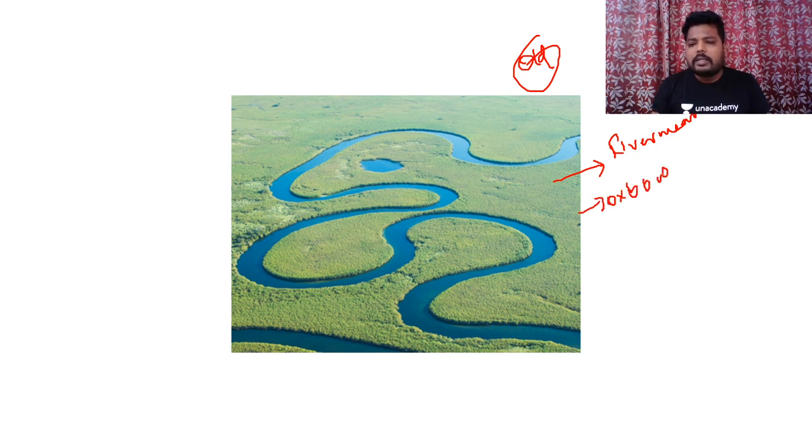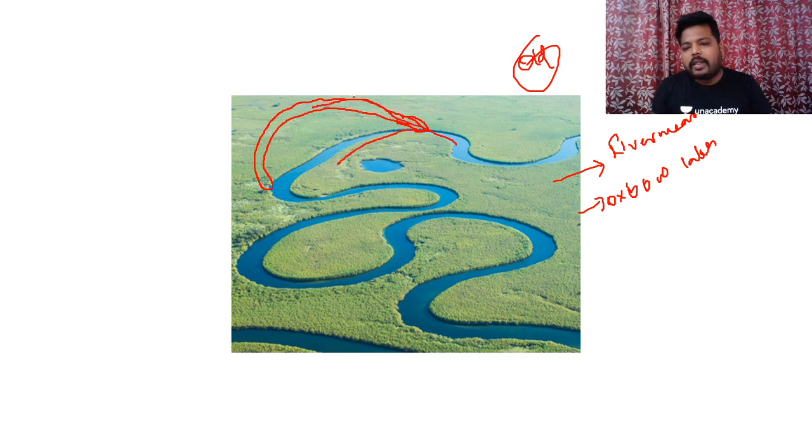Whenever the volume of water is very high, river meandering tends to create an extended loop. For example, let's assume that because of the maximum volume of water, the river has created an extended loop-like structure. This would be called an extended meander loop. So water, despite flowing along this margin, tends to move into this margin.